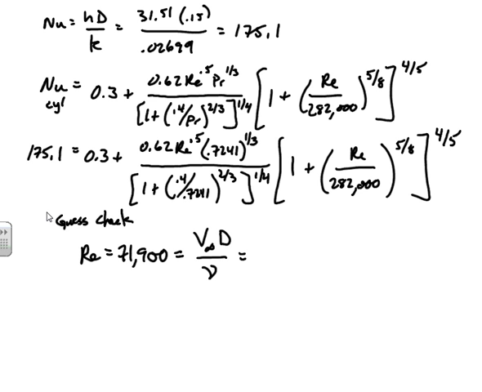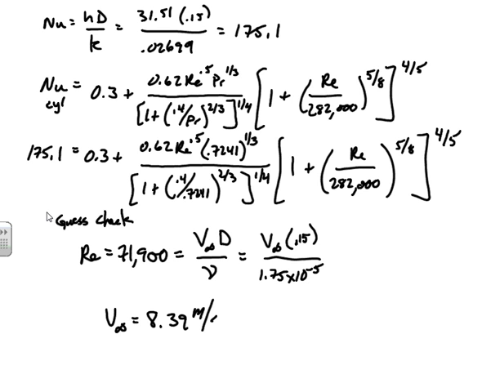So this is equal to V infinity times the diameter, 0.15, divided by the viscosity, 1.75 times 10 to the minus 5. So now I have one equation, one unknown. I can solve for V infinity, and it happens to be 8.39 meters per second.